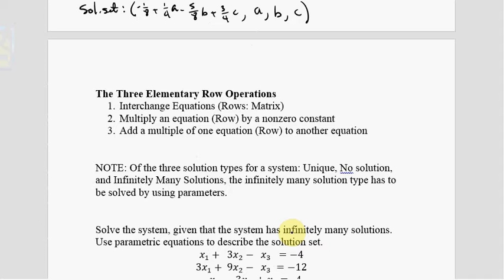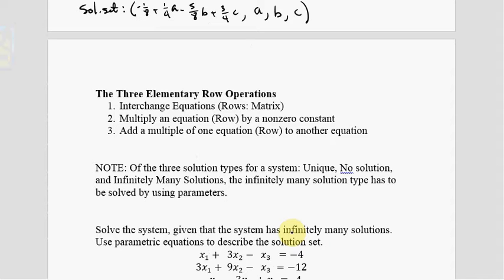Note, of the three solution types for a system, the unique solution, that is that I get a solution, is consistent and independent. The no solution is said to be inconsistent because consistency is just based on the idea of a unique solution, or I get a solution.